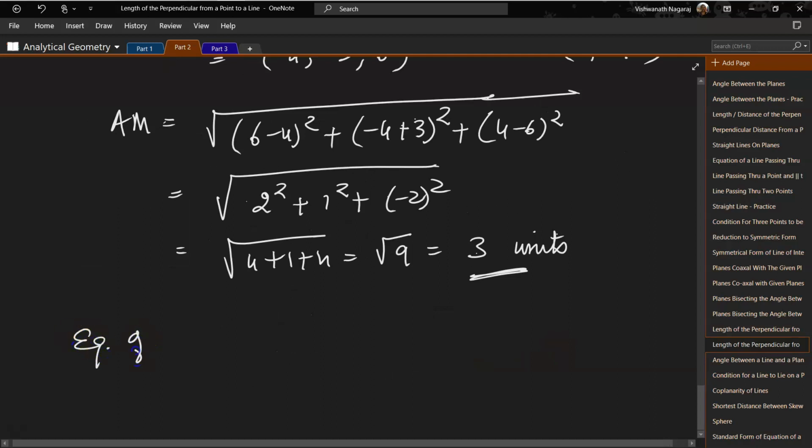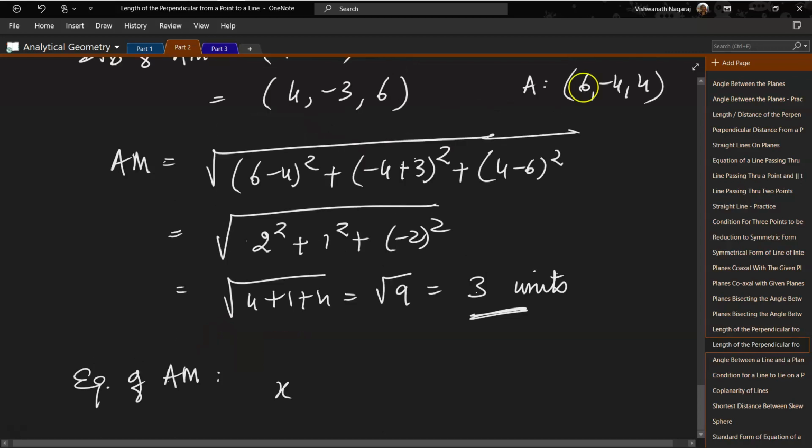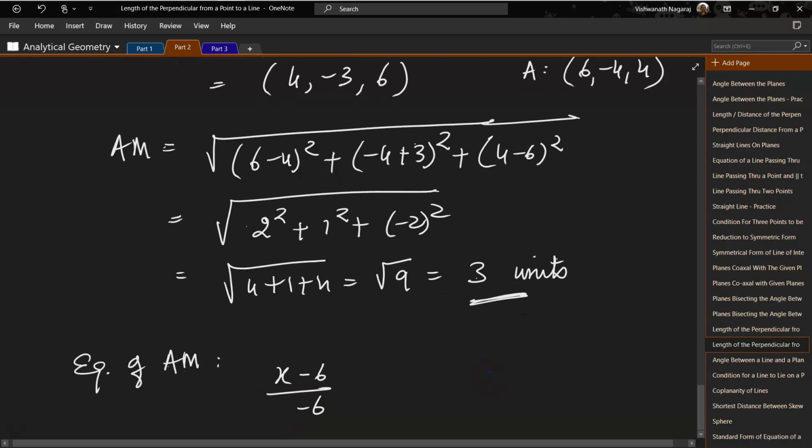So the equation of AM would be what? x minus 6, because we know A, so x minus 6 by minus 6, and we also know M. So that is 4 is equal to y minus minus 4, that is y plus 4, by minus 3 is equal to z minus 4 by minus 4, 6.